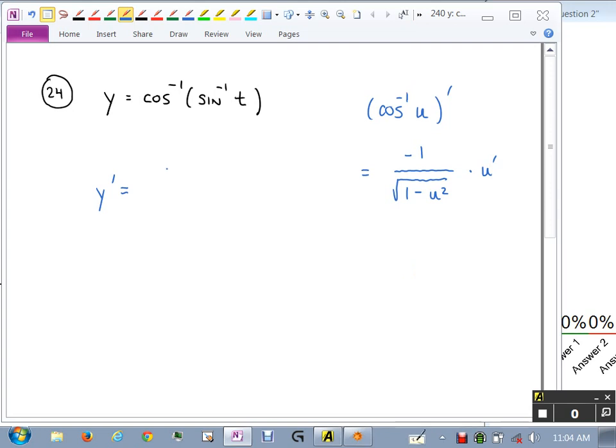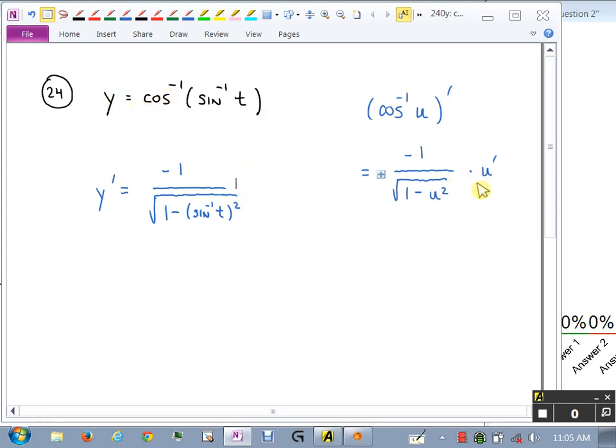So this is going to become negative 1 over the square root of 1 minus, then the arc sine, I'm going to put in parentheses, arc sine of t, but that quantity squared. All right, so that's your derivative of your outer function, cosine inverse.